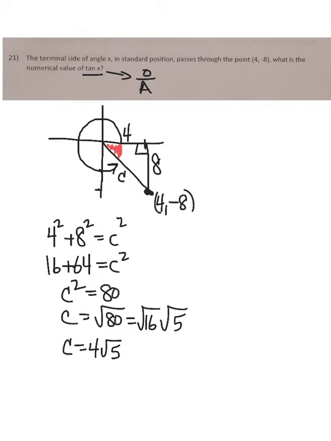Because we know that the tangent is the opposite over the adjacent, had I been smart, I would have seen that I had the opposite and the adjacent, and I could have quit while I was ahead. So the tangent of x will be the opposite over the adjacent, and I'm going to simplify that a little bit, and that's going to be 2.